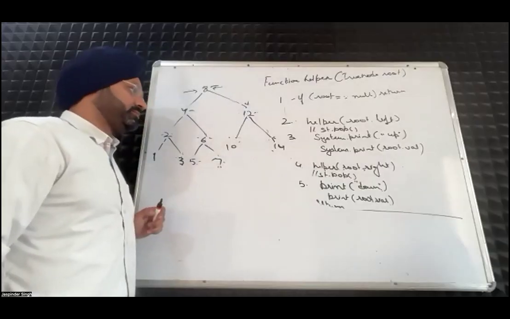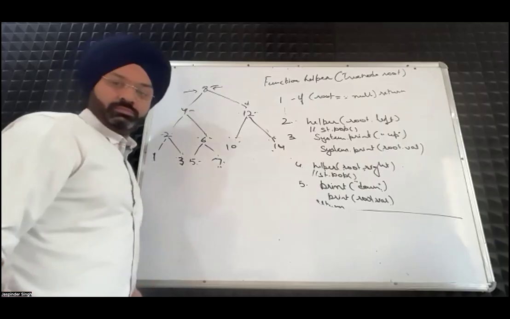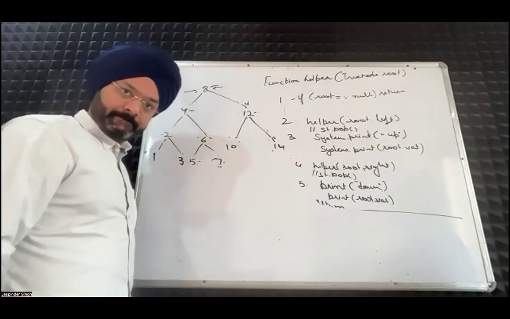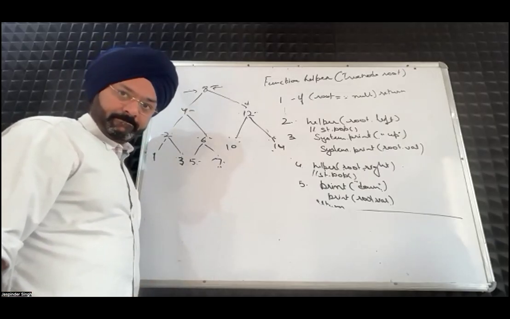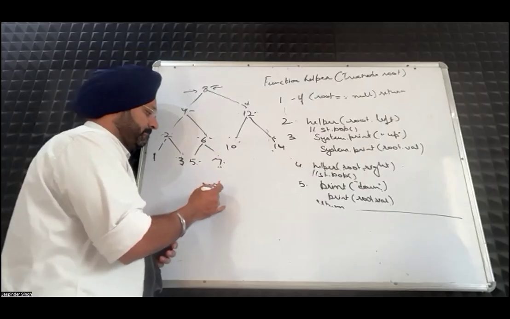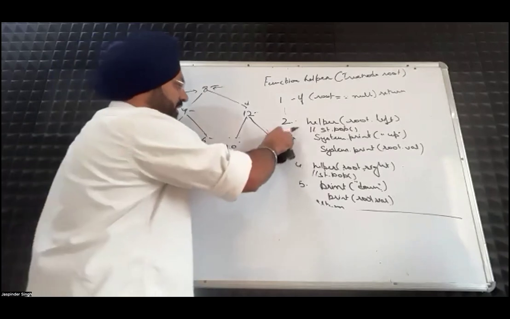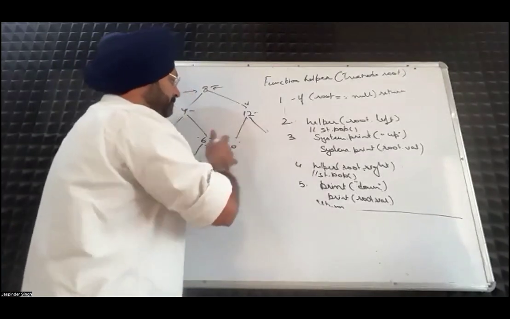Anybody, any suggestions? We check if the root value is greater than the left and smaller than the right, and then we recursively call is valid BST. So that means in-order traversal will not work.